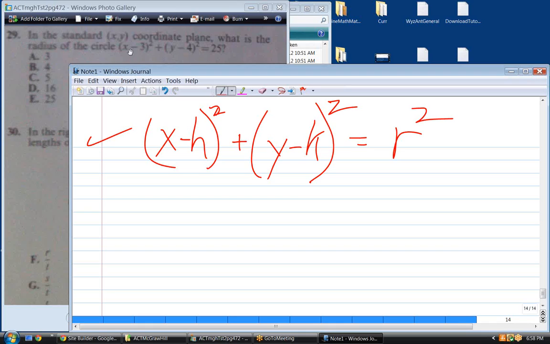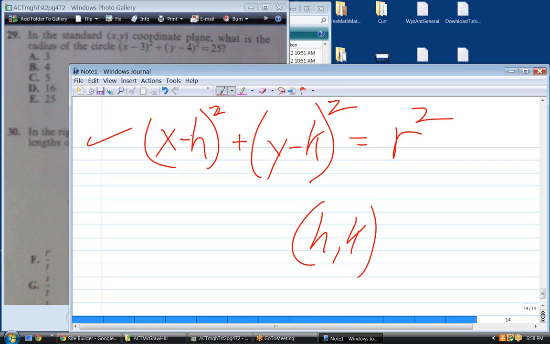Because they're liable to ask you what's the center of that circle. If I said what's the center of that circle, what would it be? Not x minus h. I said h was the x-coordinate and k was the y-coordinate. So the center of the circle is h comma k, or in this case, 3 comma 4.